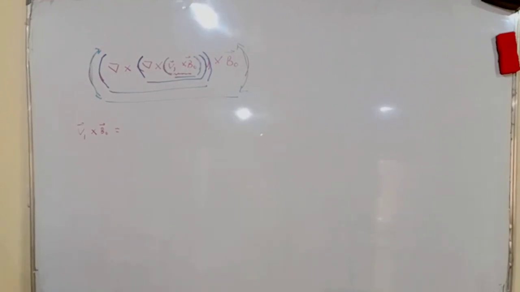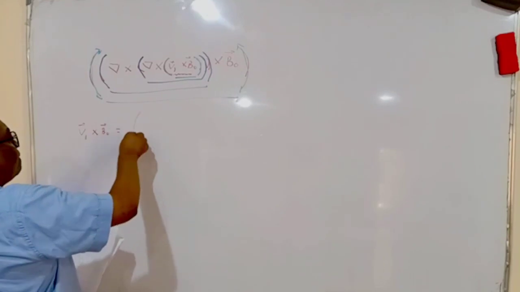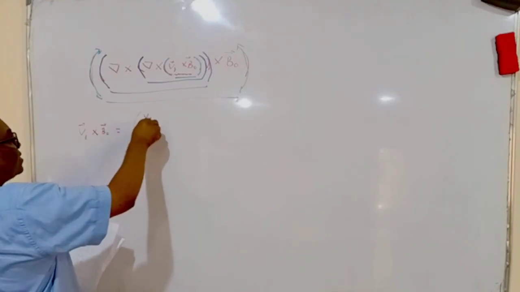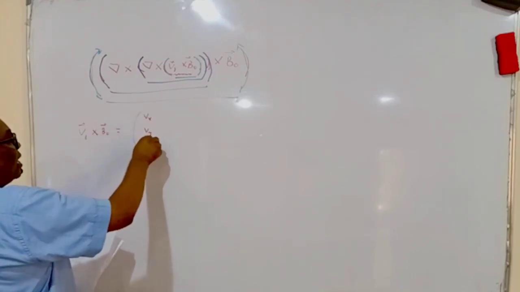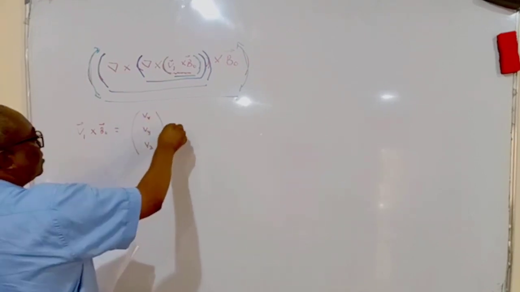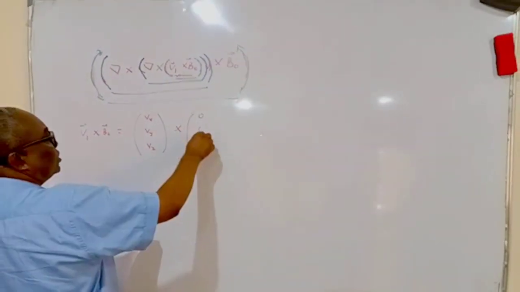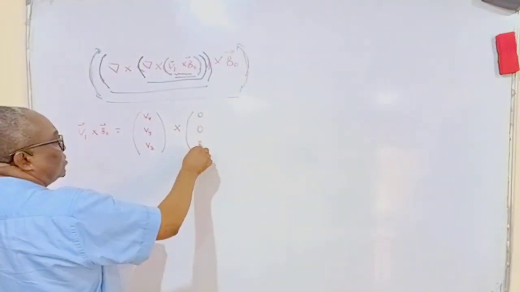Your V has been defined as Vx, Vy, Vz. Cross B, you have 0, 0, B0.